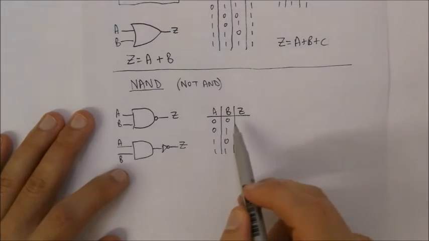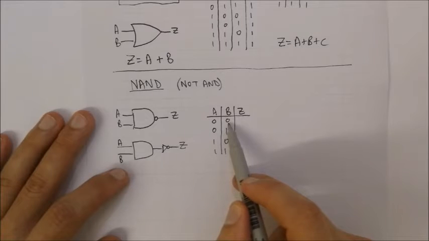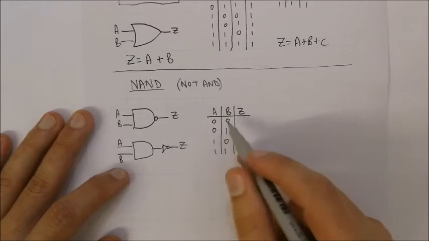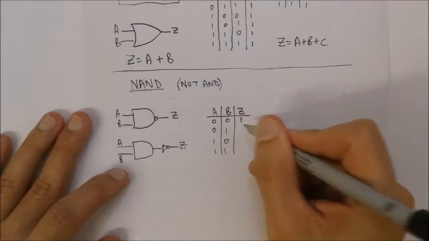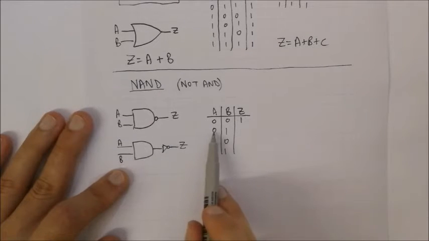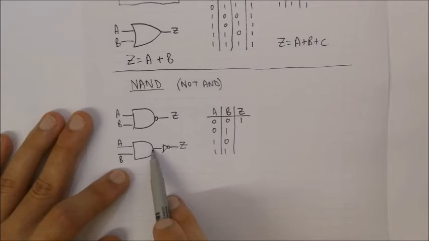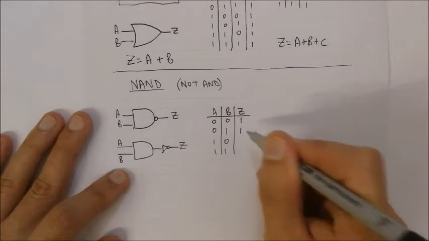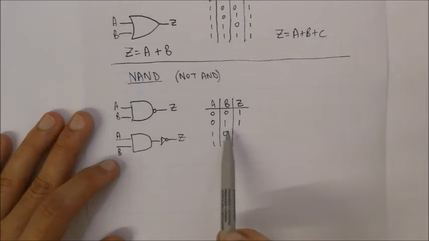Okay, so A and B both 0 would normally give you a 0, but it's NOT, so therefore the output is 1. If we looked at A being 0 and B being 1, that will give you an output of 0, but it's NOT, so it becomes 1.